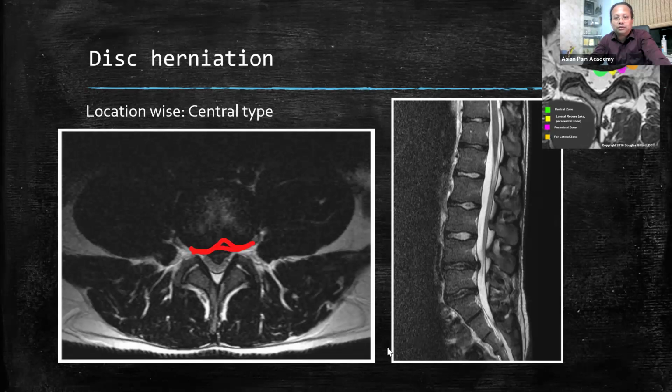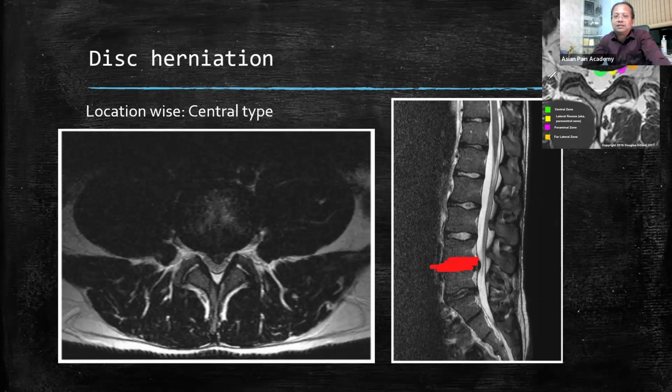What is happening? Then also it could have gone like this, but it should not protrude like this. So you know this is a disc herniation. This is central type because it is in the central position, and you can see this in sagittal section also.